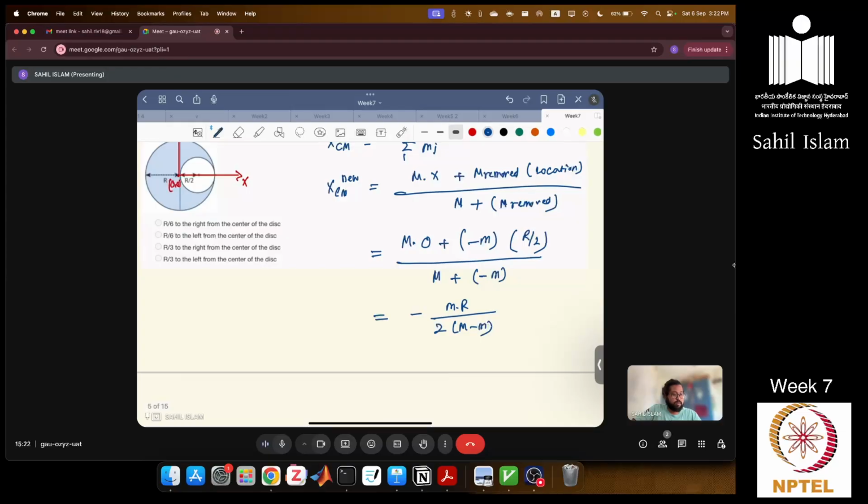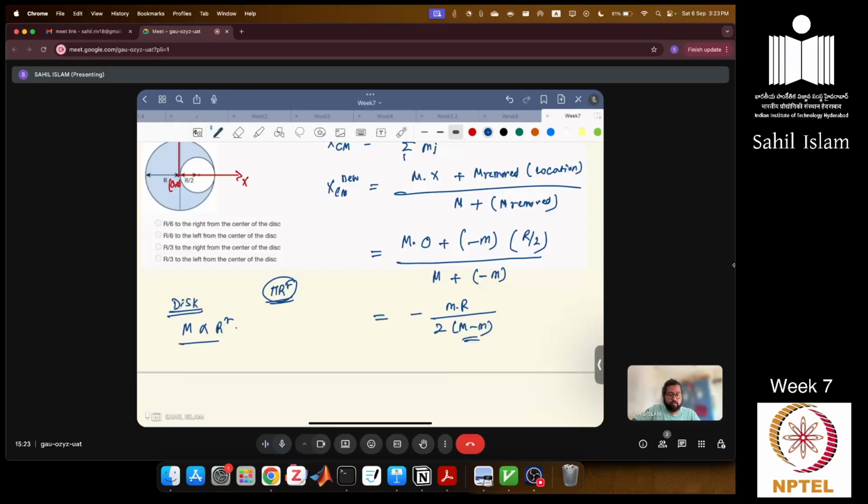Now we have to find out how capital M and small m are related. One thing we know is that for a disk, mass is proportional to r square, because pi r square is its area, and whatever mass is there is distributed over this area.